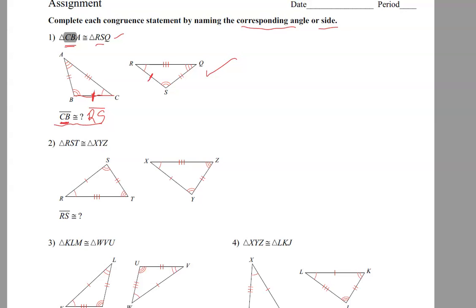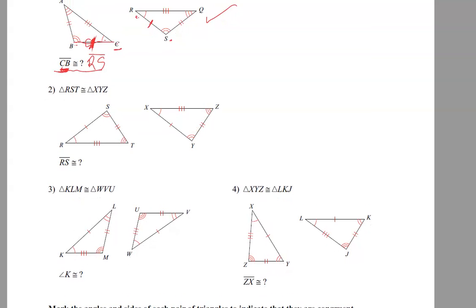The other thing you want to be careful of, where we had the one tick mark, notice how we put C first and then B second. That meant we went from C to B. So from C to B means we went from the one arc to the double arc. So over here, the one arc was R and the double arc was S, which would tell us again that RS would be our corresponding side. Okay.